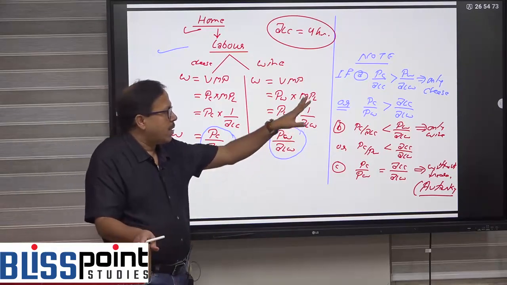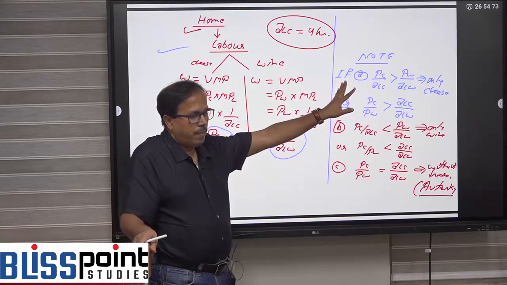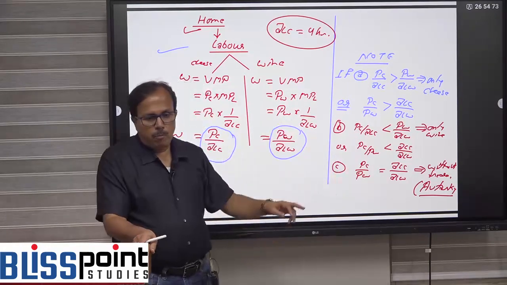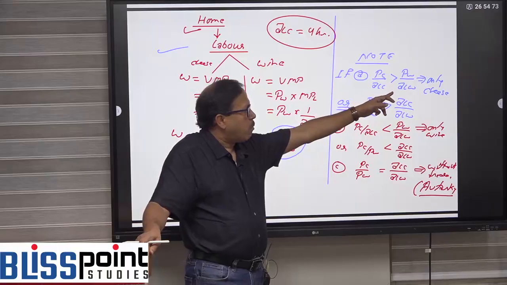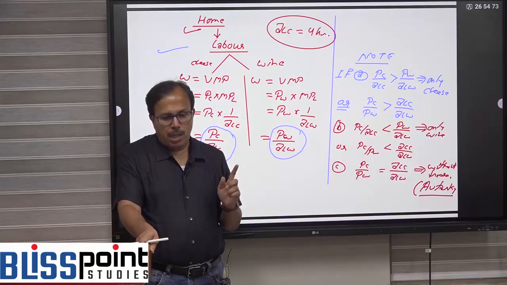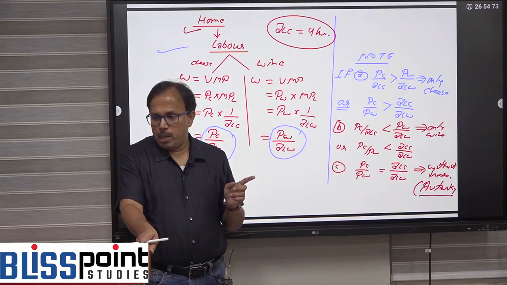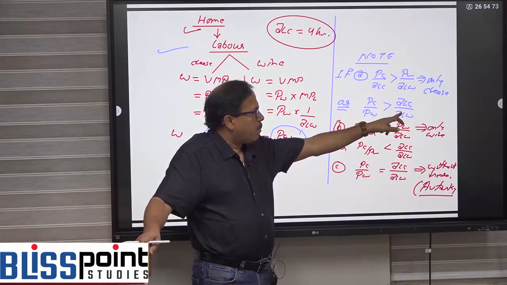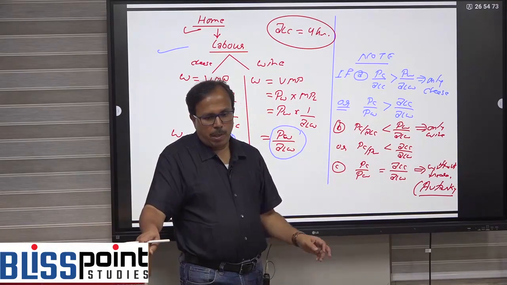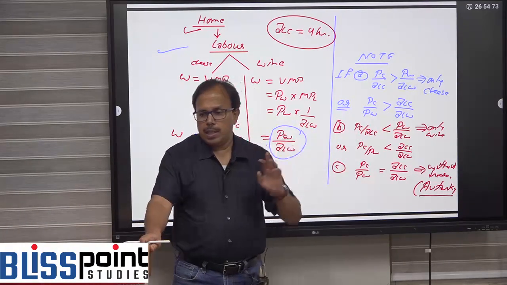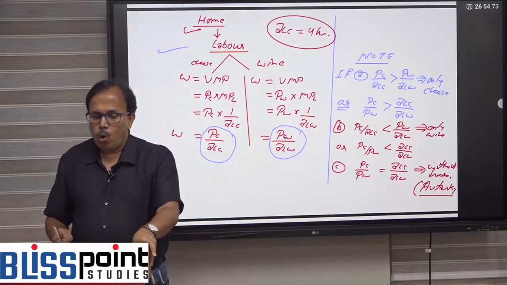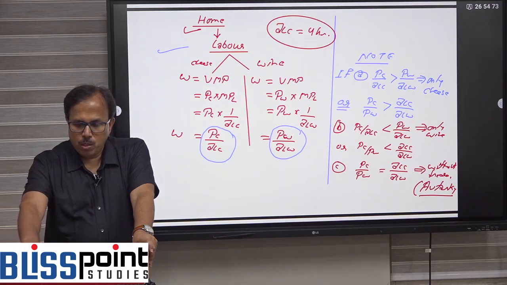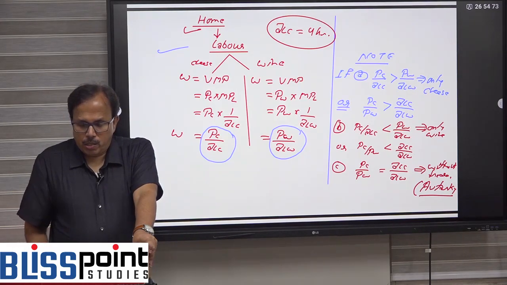Below that, now we write the different possibilities. In the next paragraph, first point A: if PC by ALC is greater than PW by LW, or PC by PW is greater than ALC by LW, then the home country will produce only cheese.